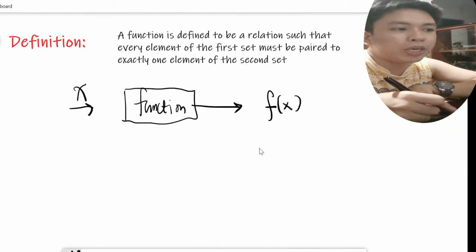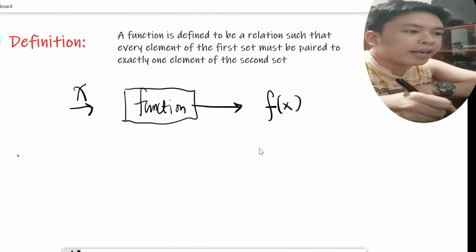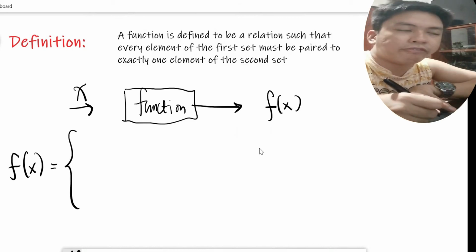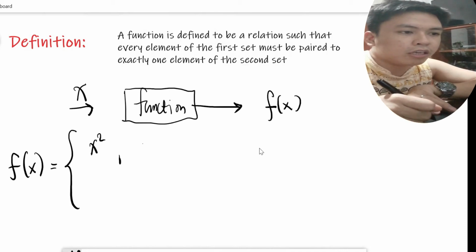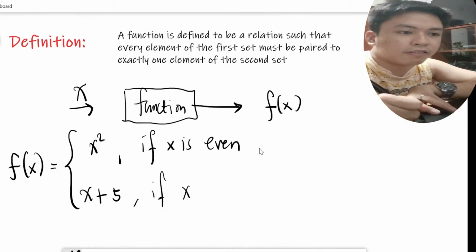So let's say, for example, I have f of x defined to be x squared if x is even, and x plus 5 if x is odd.